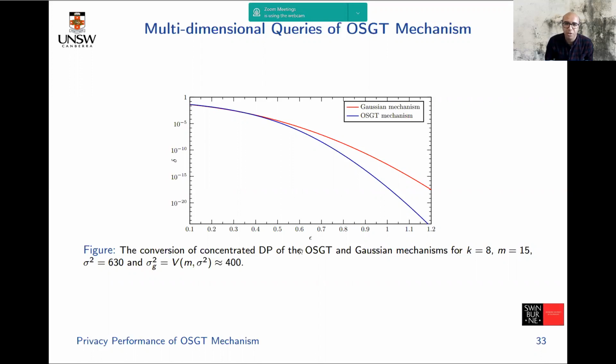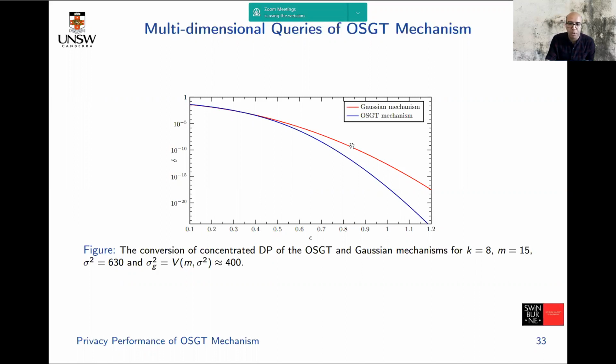I only wanted to mention that for multidimensional queries, when K is greater than 1, it's challenging to find the exact value of delta directly versus epsilon for OSGT. That's why we convert, for example, the approximate DP to zCDP, and then we found the performance of the multidimensional queries of OSGT.